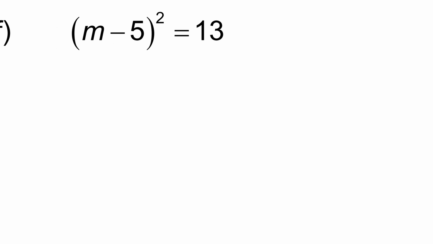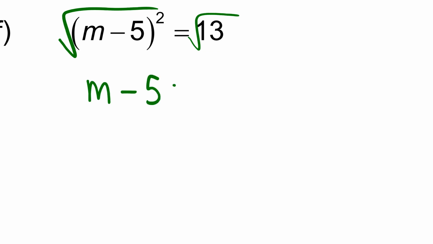All right, let's solve this one. M minus 5 squared equals 13. How would I solve this? Square root both sides. So we have m minus 5 equals plus or minus root 13. Is 13 a square? Can I simplify this? No, 13 is a prime number.